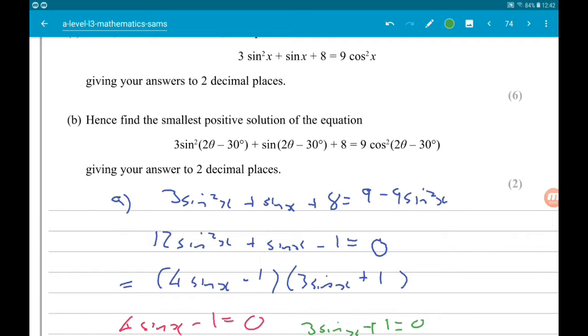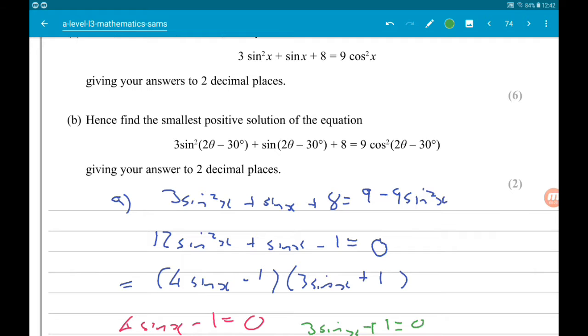Okay then, part B, hence find the smallest positive solution of the equation 3 sine squared of 2 theta minus 30, add sine of 2 theta minus 30, add 8 is equal to 9 cos squared 2 theta minus 30, giving your answer to 2 decimal places.